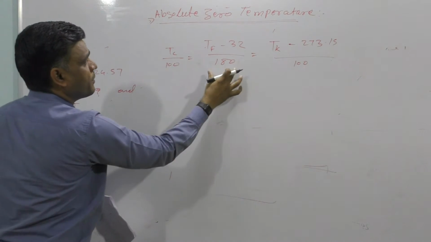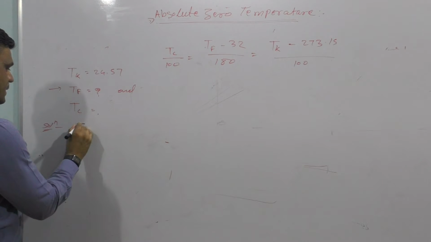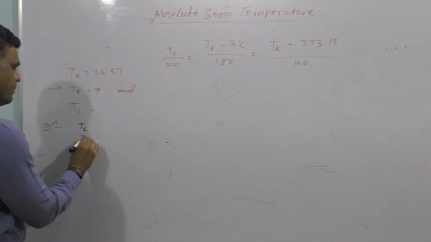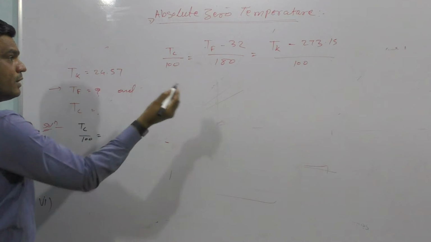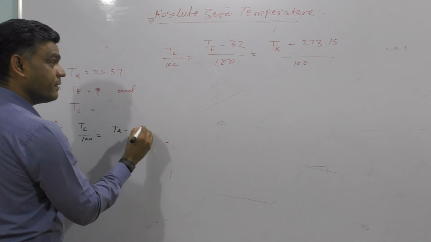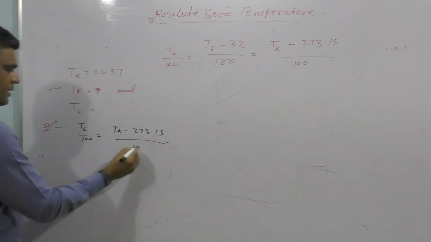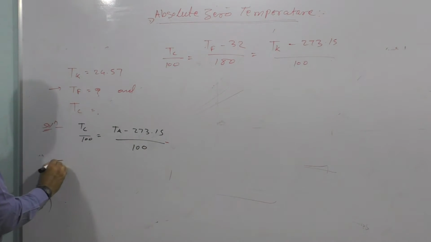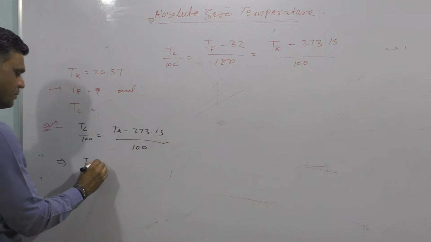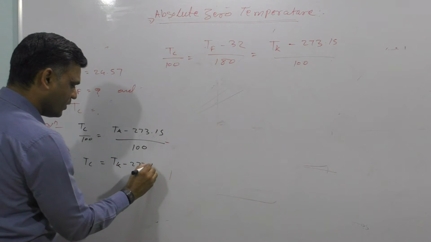First I compare these two. So what do I get? Tc divided by 100 is equal to (Tk minus 273.15) divided by 100. In both cases 100. So what does that imply? Tc is nothing but Tk minus 273.15.